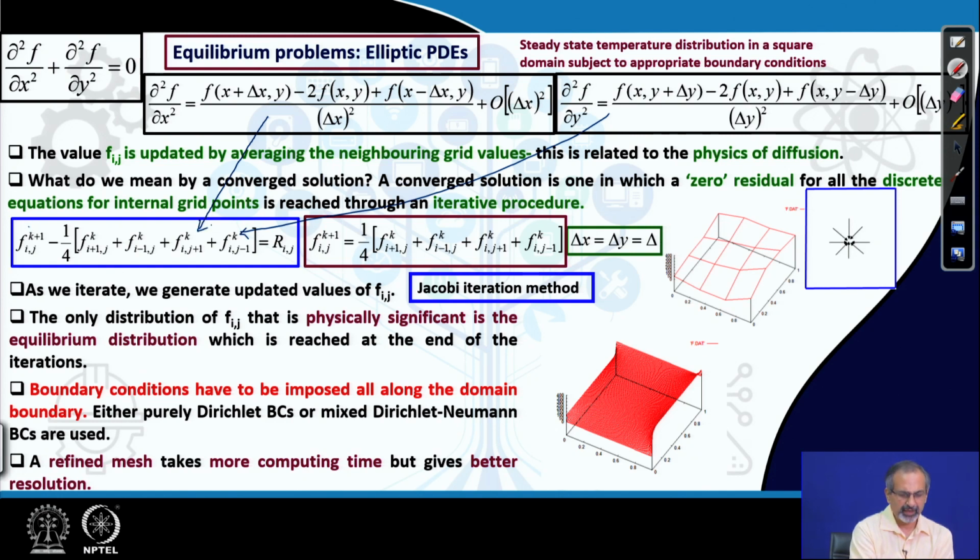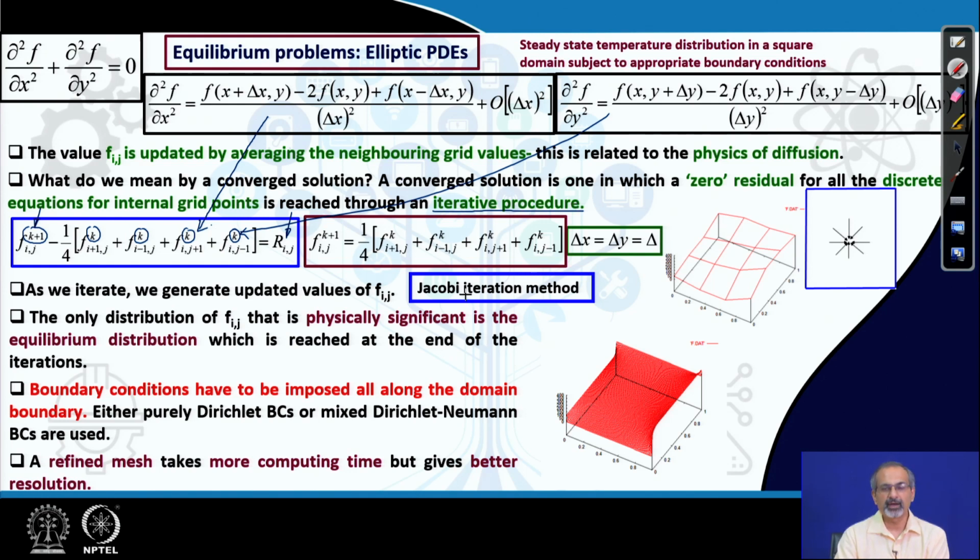Now, additionally we have used a superscript where some of the superscripts are kept at a level k, while for one we have kept it at k plus 1. And then on the right hand side we are putting r i j, which indicates a residual. So, what do we really mean to say over here? We mean to say that there would have to be an iterative procedure by means of which we will end up solving the value of f at each one of the grid points.